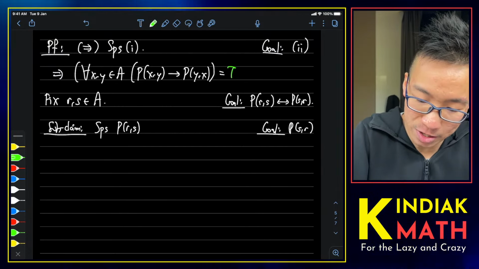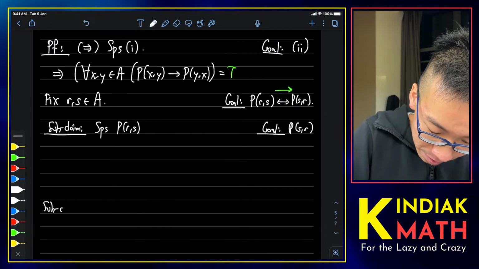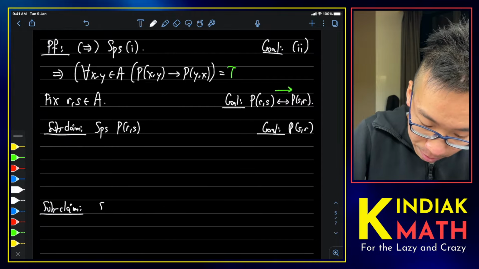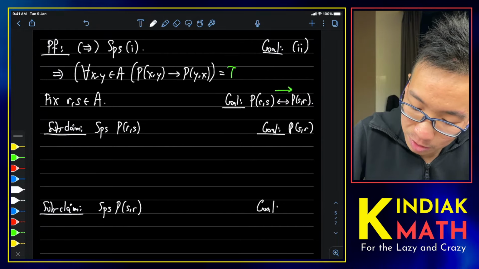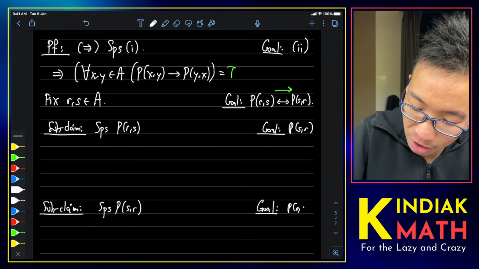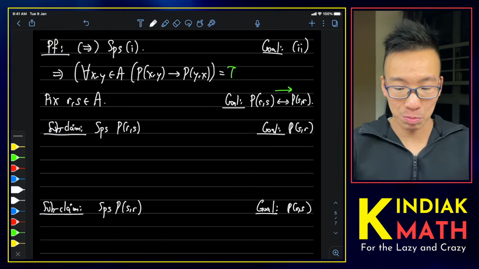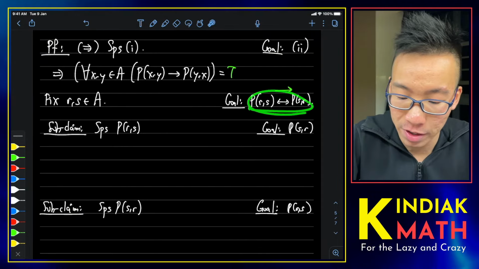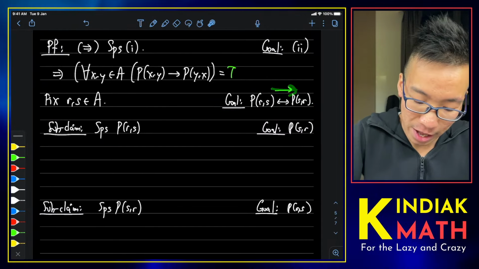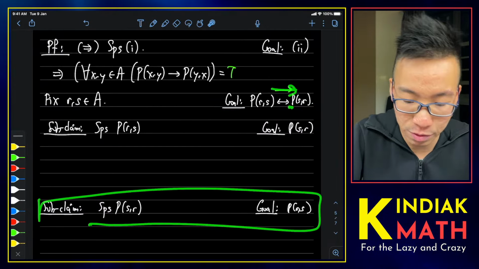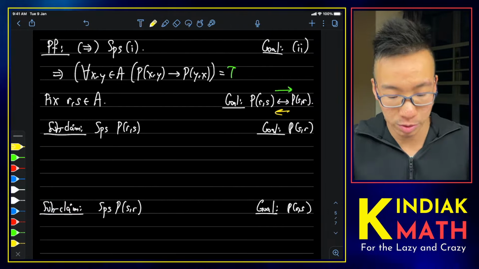This helps us establish this direction. And we have another subclaim, which is to suppose P(S,R) is true, and we need to get to P(R,S) being true. So those are the two goals of this, right? This first subclaim helps us prove this direction, and this subclaim helps us prove the reverse direction. Right? We can prove the two directions in this way.